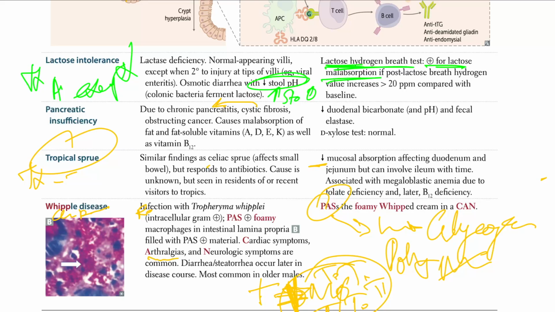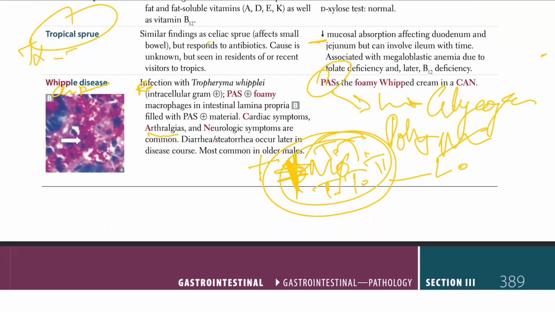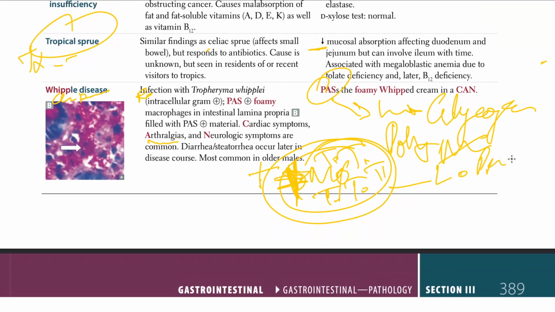And all of this is occurring in the lamina propria. What is the lamina propria? Well, think about it: the lamina propria is the place where all the fats get absorbed as chylomicrons, remember?